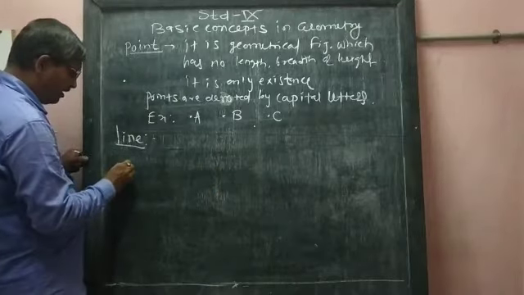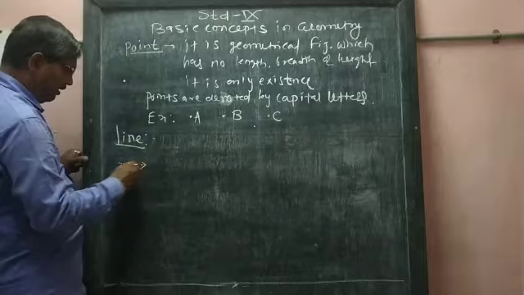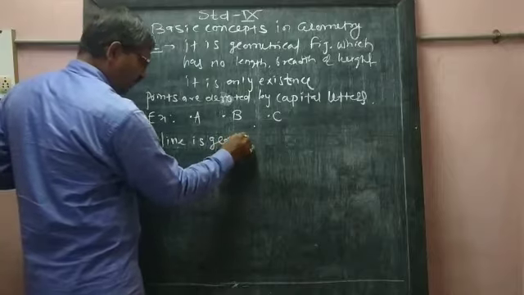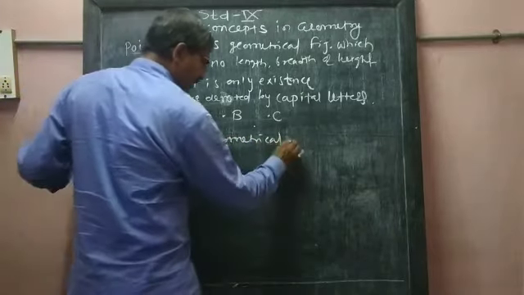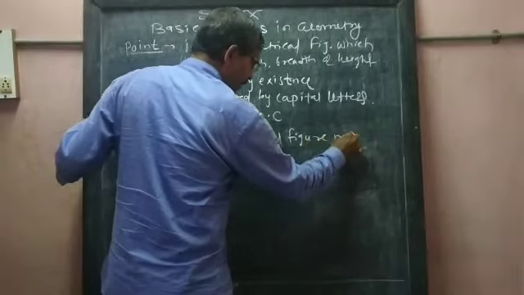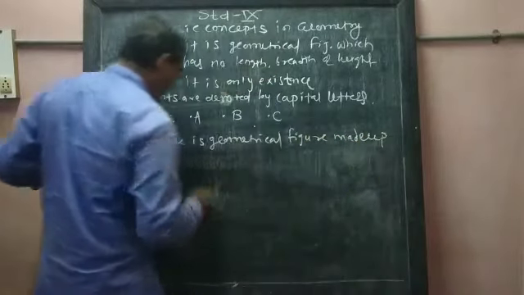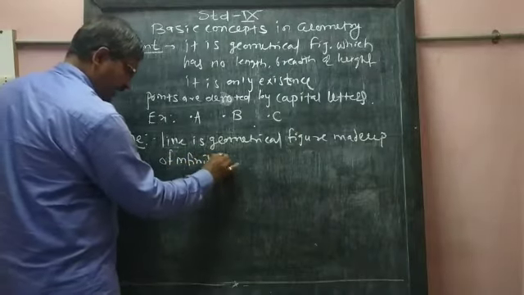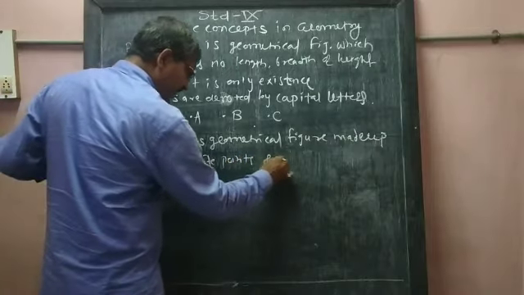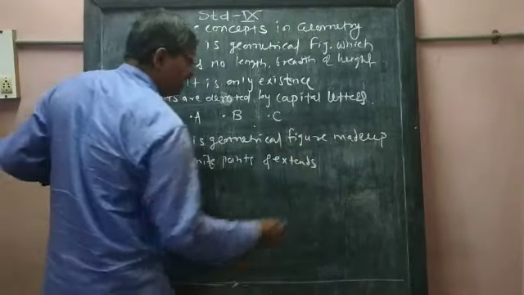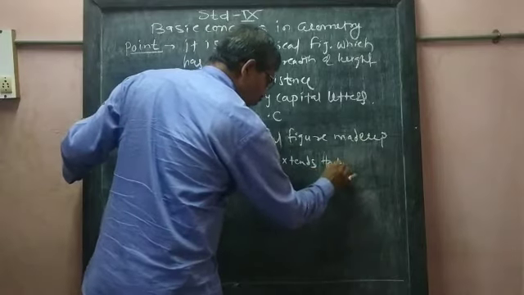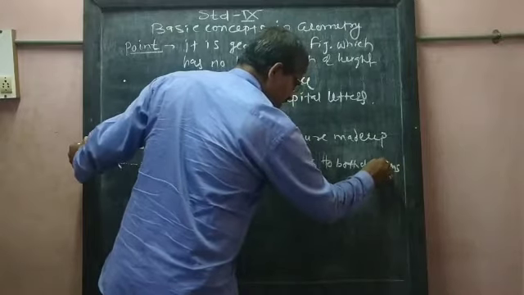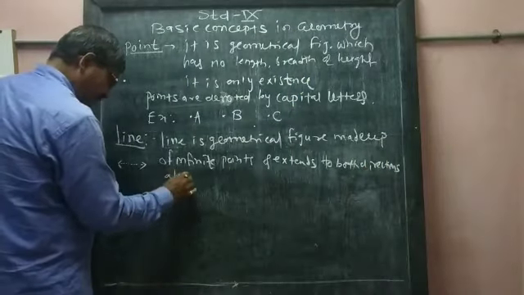When an uncountable number of points come together, we get a line. A line is a geometrical figure made up of infinite points and extends to both directions at infinity.